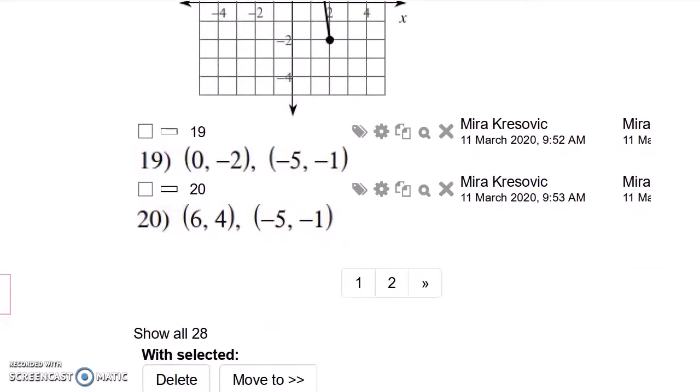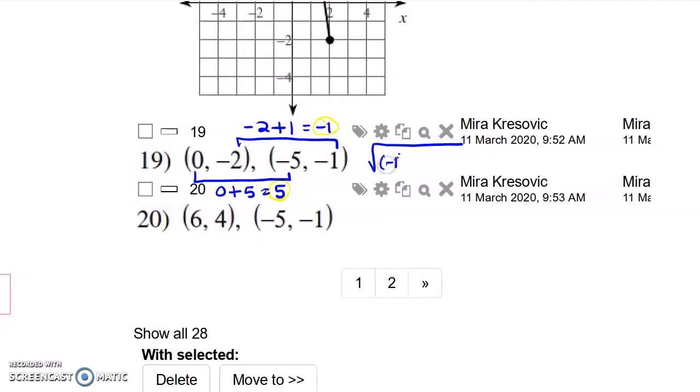And let's take a look at when they just give you the 2 points and it's not on the Cartesian plane. What I do is I bracket to the x's, so 0 minus a negative 5 is 5, and I'll bracket over to the y's. Negative 2 minus a negative 1 is negative 1. Then these are the numbers that I use in the Pythagorean theorem.